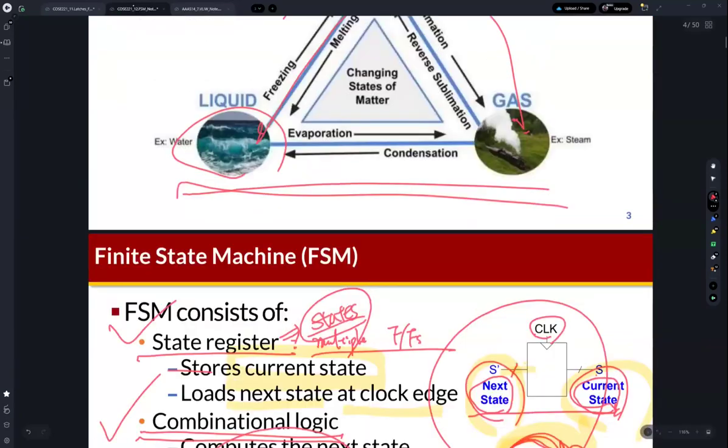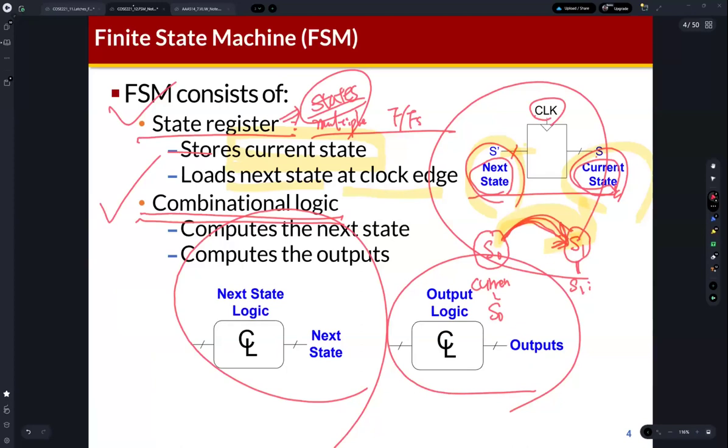Using circuits, we can make some system, and this system includes states, and based on the states, the output signals are determined. That's why we require to build FSM for our digital systems, right?